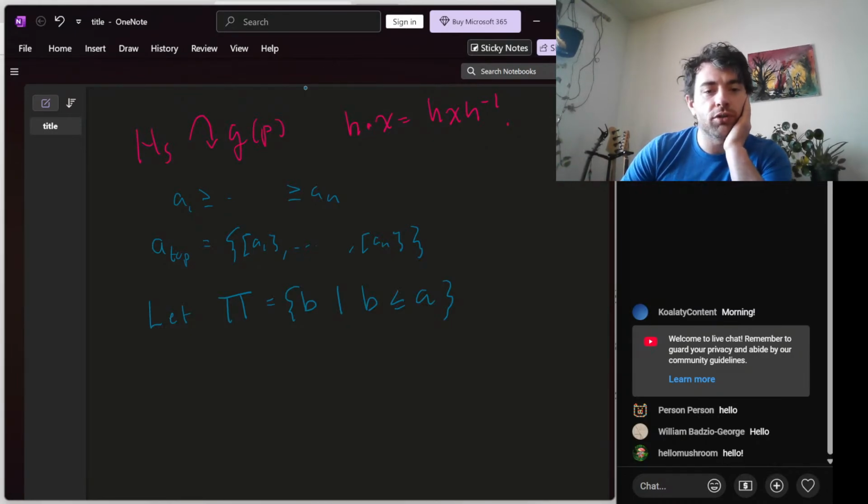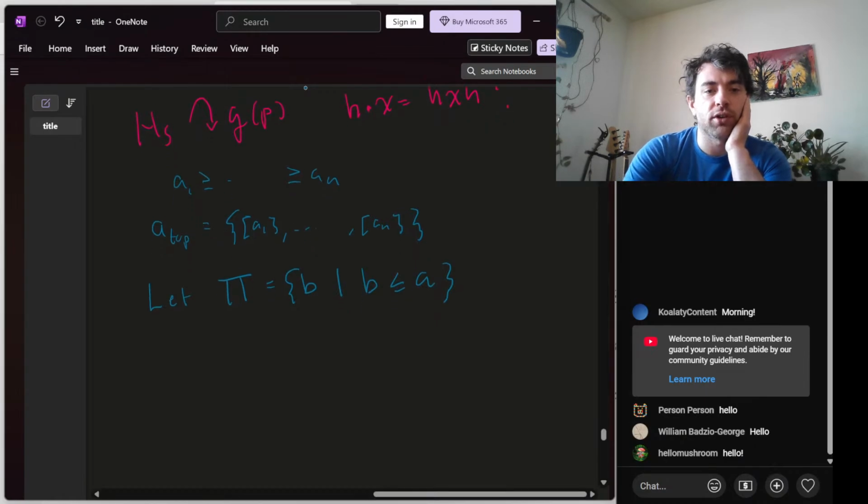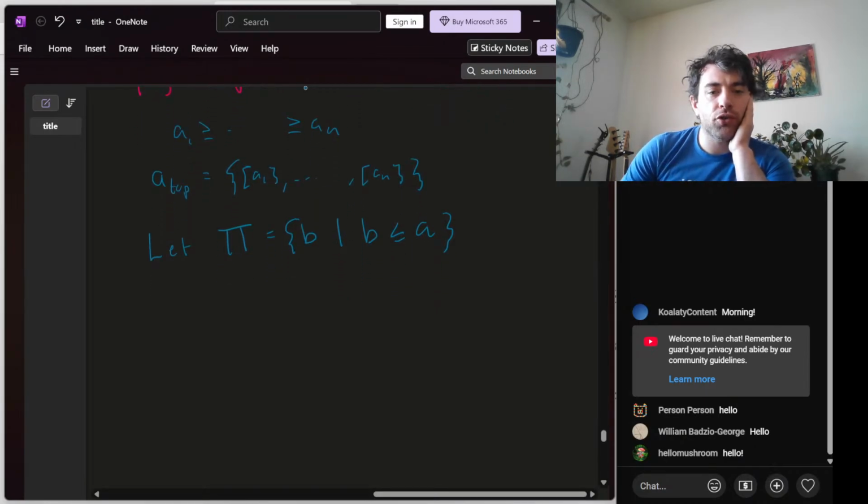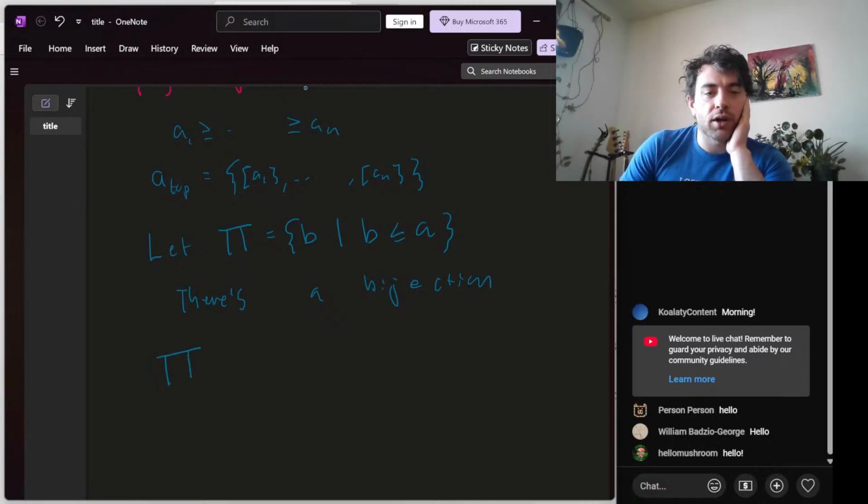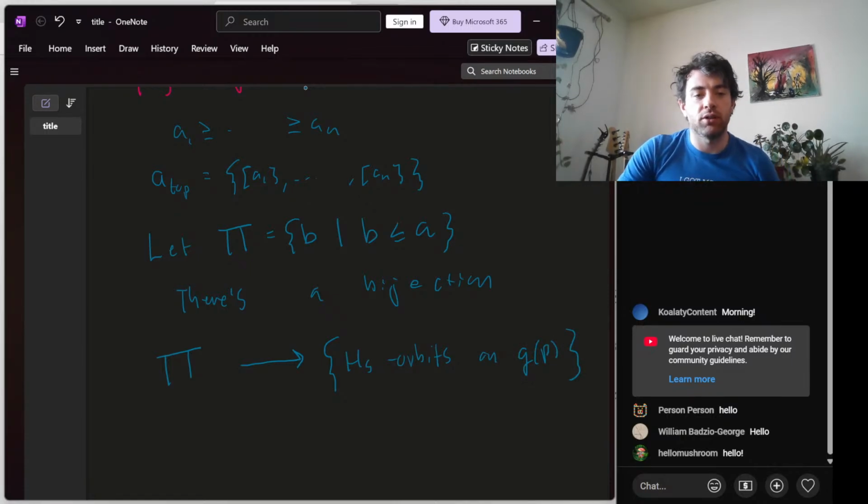And so we know that we have representations attached to each of these things. First off, the claim is that there's a bijection from Pi, the set of multi-segments obtained from A, to the set of H_S orbits on the P eigenspace of this Lie algebra.